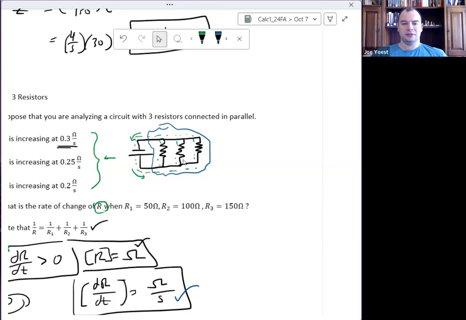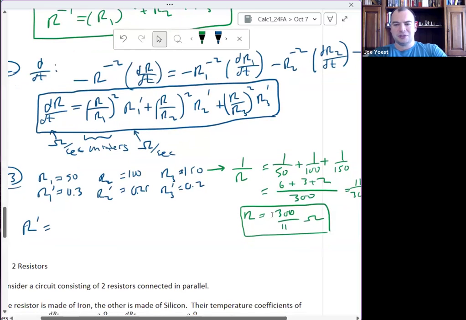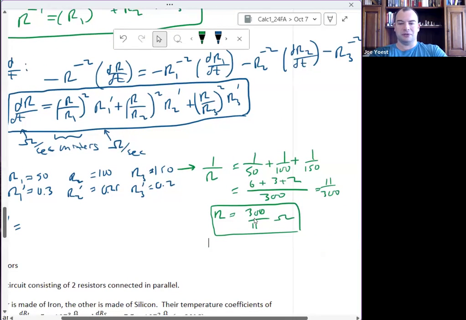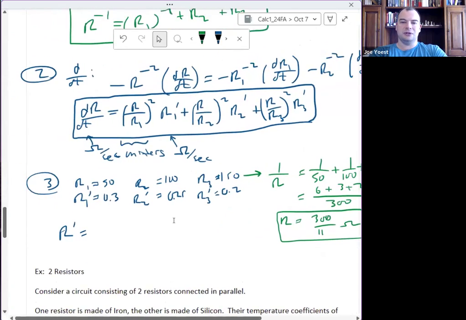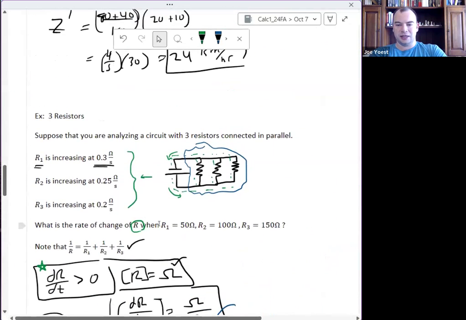Even if I have my fastest cashier by themselves, and I open up another lane and a slower cashier gets added, that still increases throughput. That still should decrease the overall resistivity. And R is somewhere in the ballpark of 30-ish ohms. That's lower resistivity or more throughput than any of these individually. Okay, that meshes, right? That makes sense.